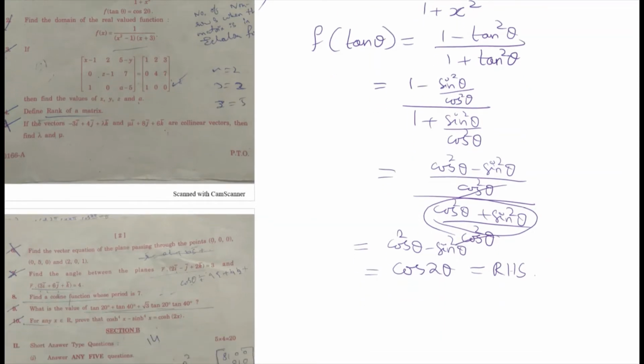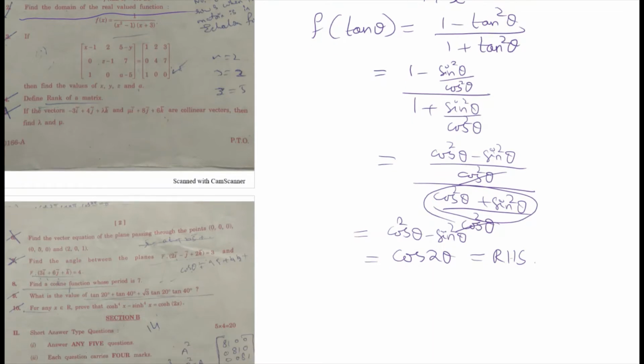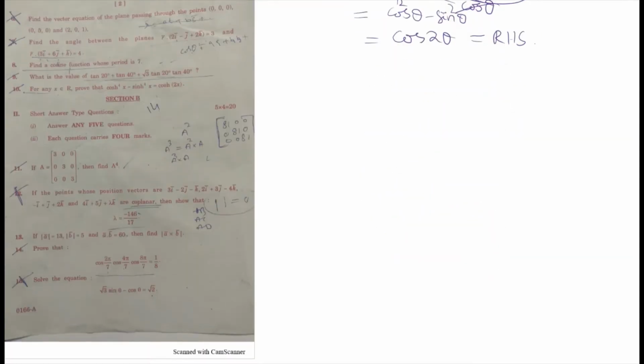Second question is, find the domain of the real valued function f of x equals 1 by x square minus 1 into x plus 3. The function is given as f of x equals 1 by x square minus 1 into x plus 3. So this is the given question. We need to find the domain of this function now.